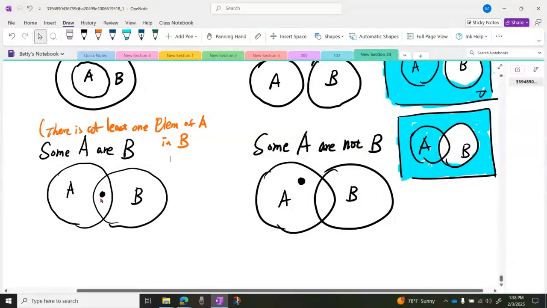Yeah, at least one woman is a teacher. Me, I'm a woman teacher. Or Jennifer, right? Jennifer, the woman, is a teacher. So at least one element of A belongs to B.